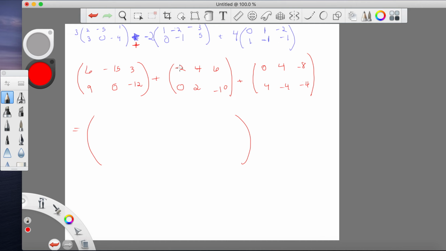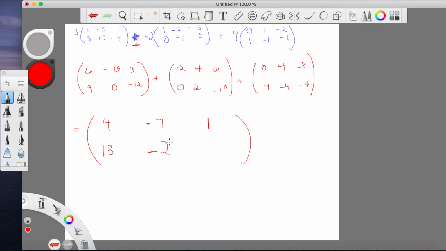So 6 minus 2 is 4, plus 0, so that's 4. Negative 15 plus 4 and 4, which is 8, so negative 15 and 8 gives me negative 7. 3 and 6 gives me 9. 9 plus negative 8 is 1. 9 and 0 and 4 is 13. 0, 2, and negative 4 is 2 minus 4, which is negative 2.